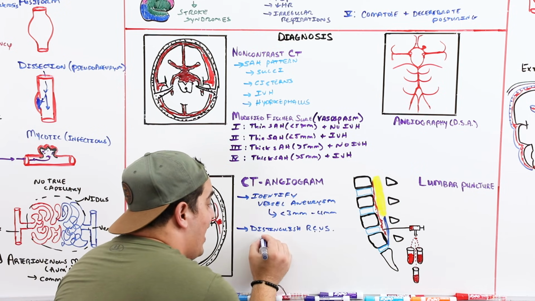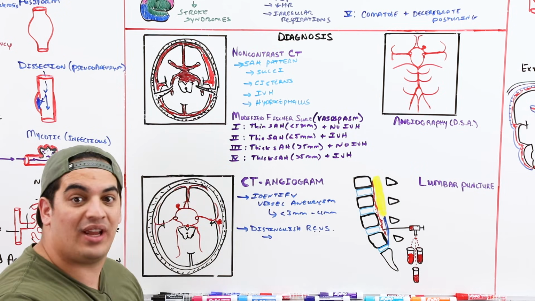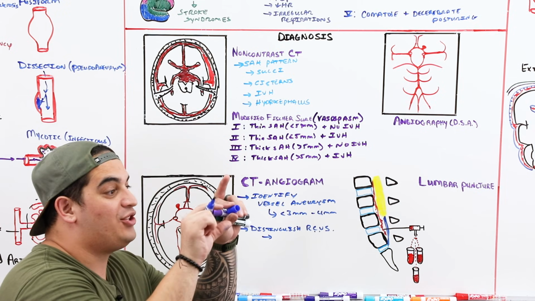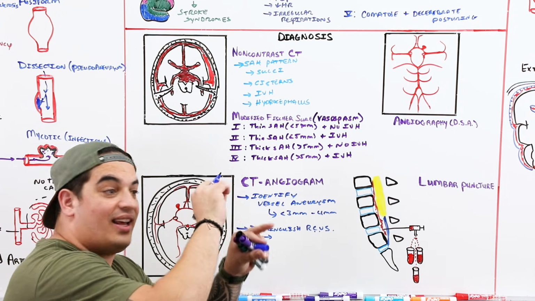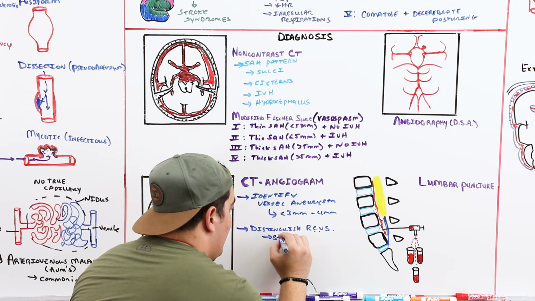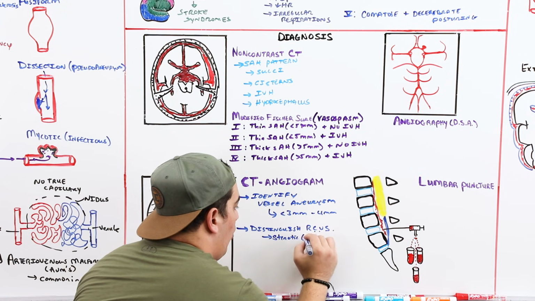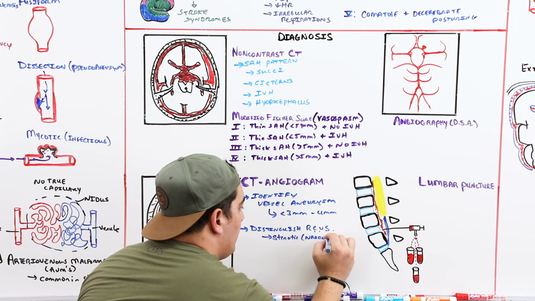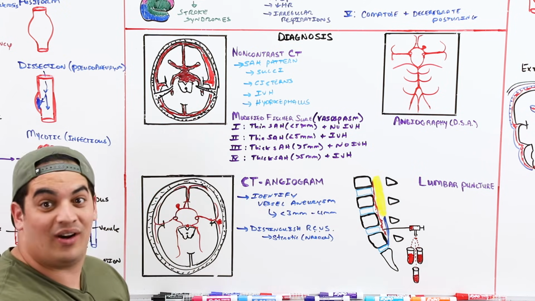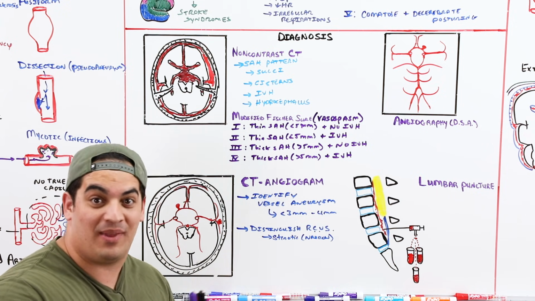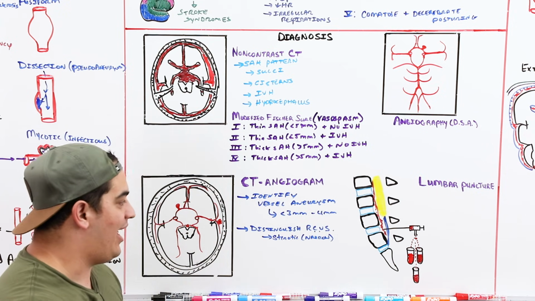But in RCVS, whenever you get the CTA, it shows stenotic or narrow areas, whereas you would see the actual aneurysm that ruptured in a subarachnoid hemorrhage.